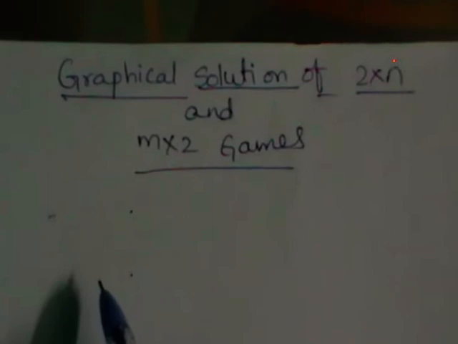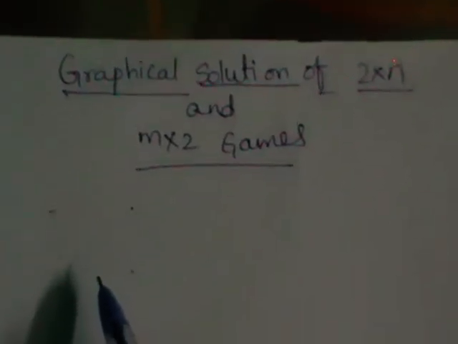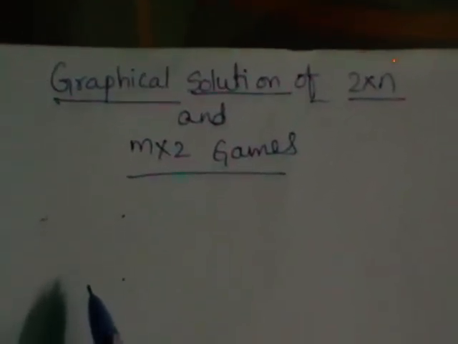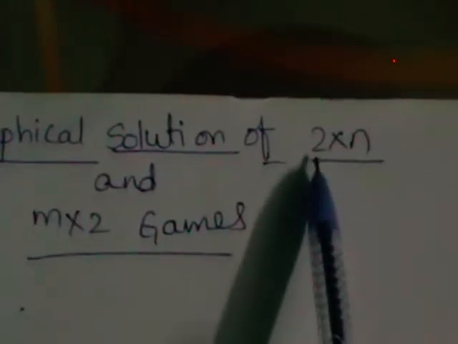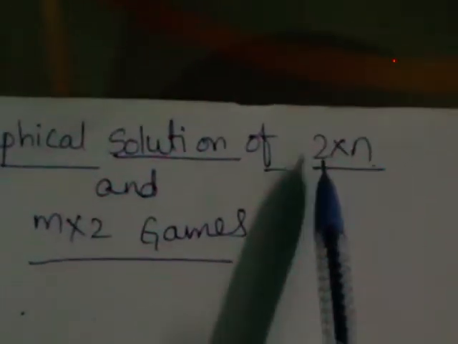So whenever it's a rectangular one, what do you mean by rectangular? I think the number of rows is not equal to the number of columns. Especially if you consider a two-person zero-sum game of order 2 by n, you'll have player 1 and player 2 here.